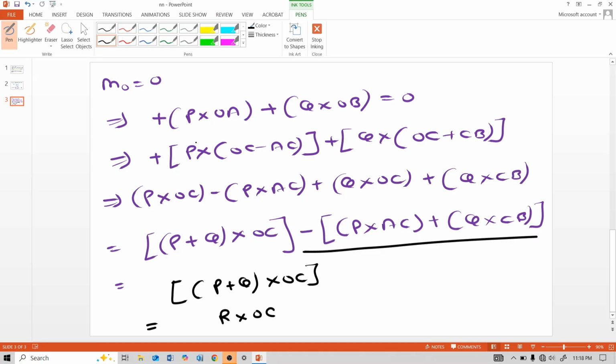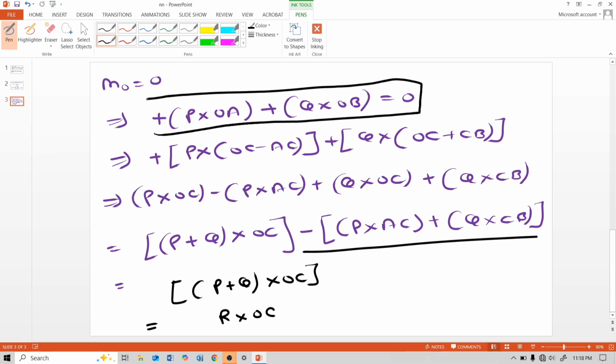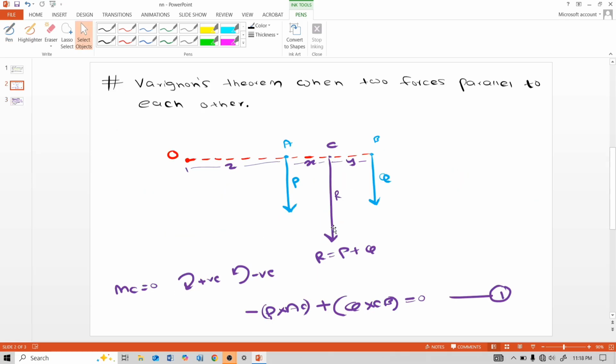So this P into OA plus Q into OB is the moment at point O, equal to the resultant. What we derive here, remember: P into OA plus Q into OB is equal to resultant into OC.